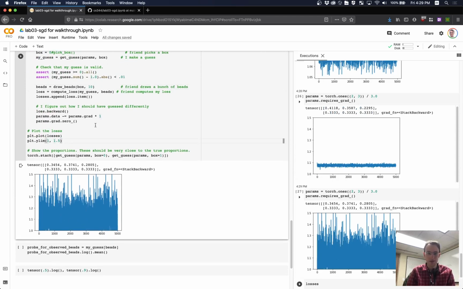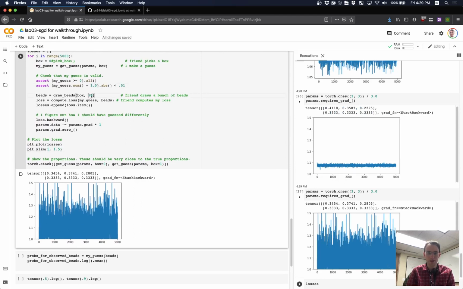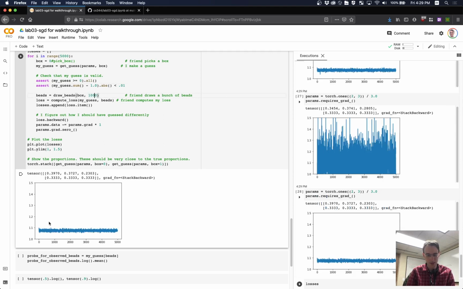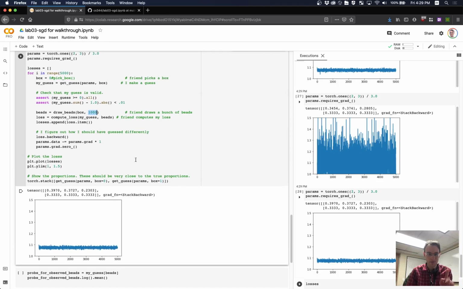So clearly, if we were doing 1,000 beads each time, then we're still going to be fuzzy. But a learning rate of 1 would have been fine if our batch size is huge. So let's actually name this. This is a batch size.